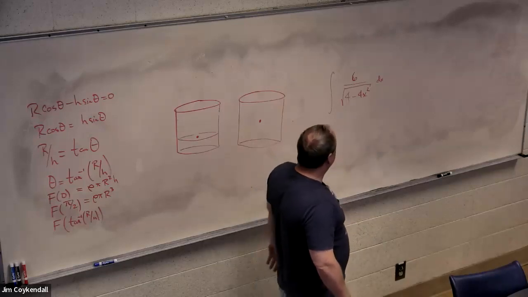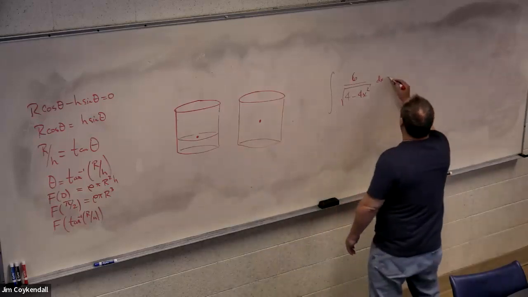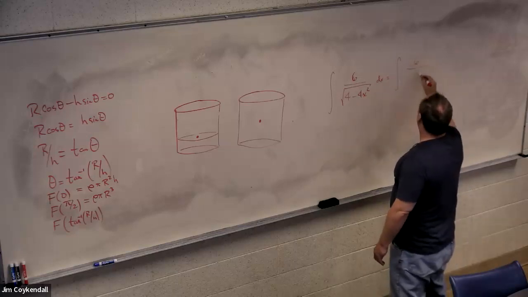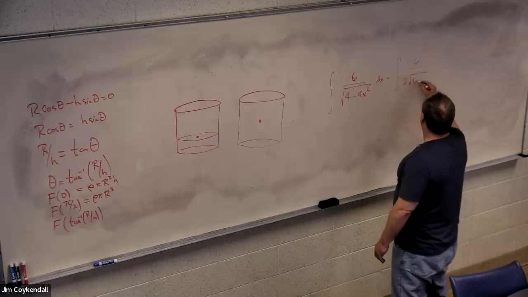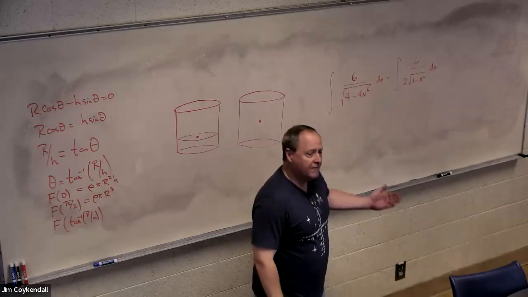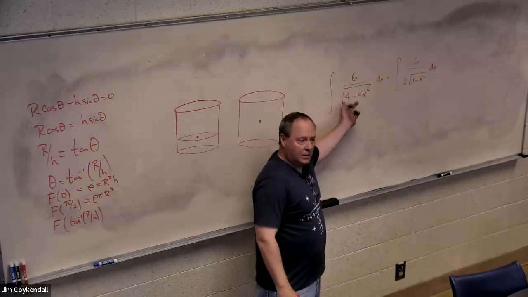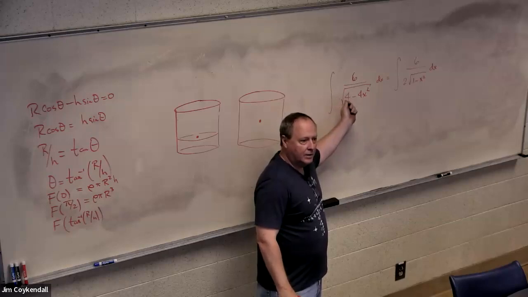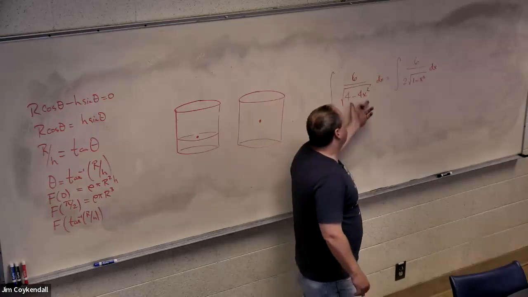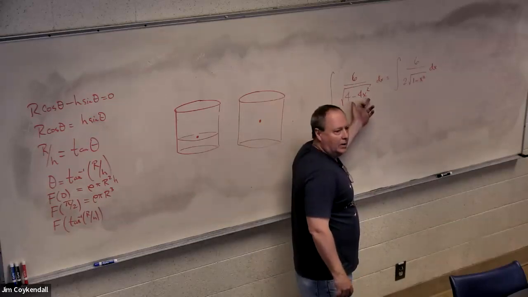Three of those. This is the first thing we'll do. 4 out. I pull the 4 out of what's in the radical and then take the square root. Well, you can do that algebraically.